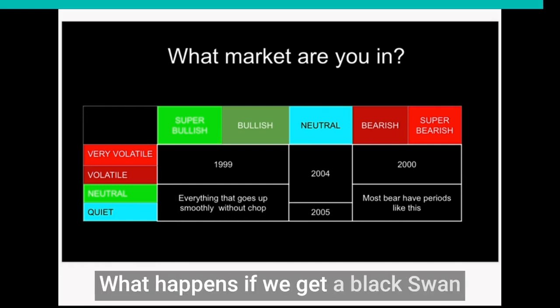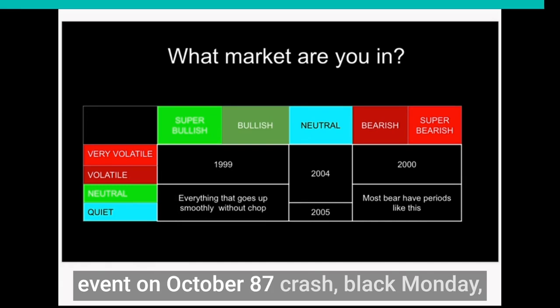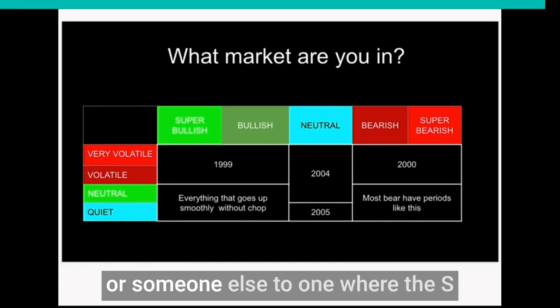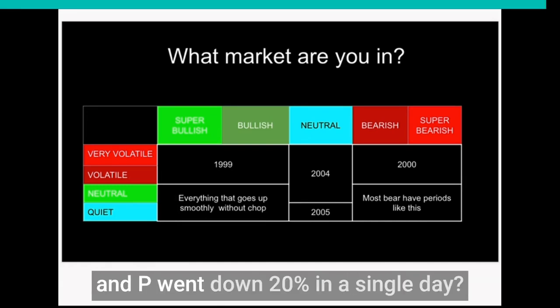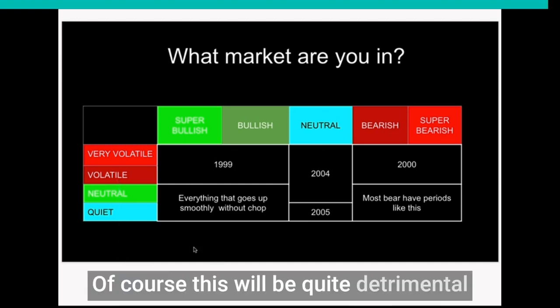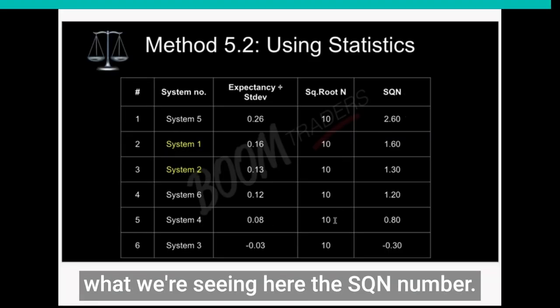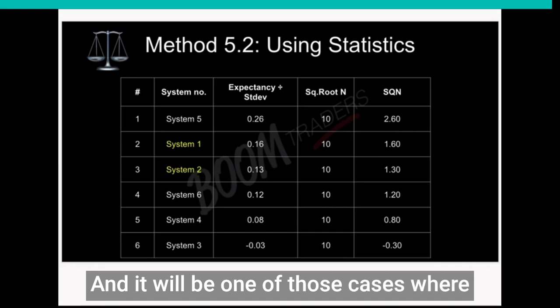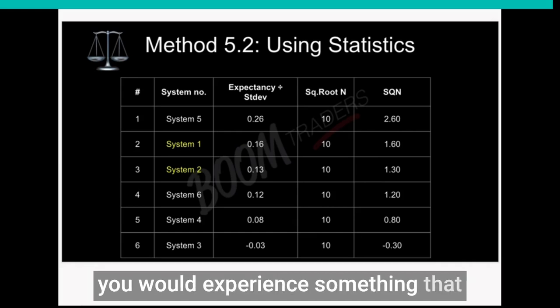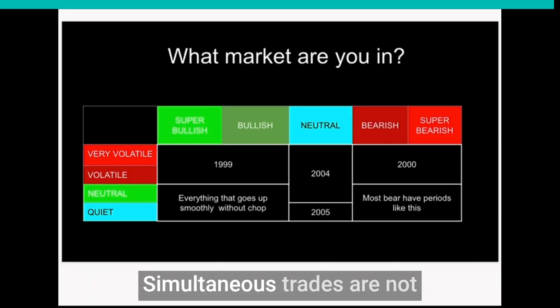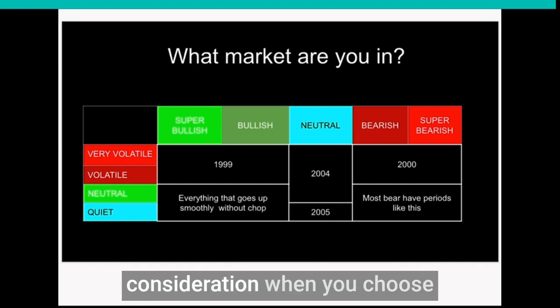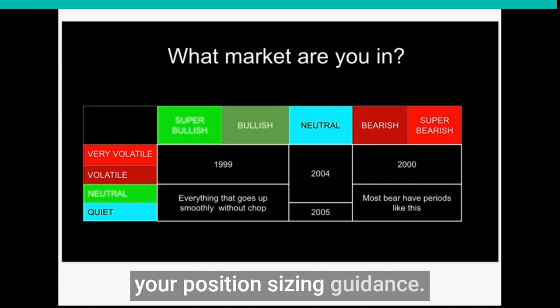What happens if we get a black swan event, an October 87 crash, a Black Monday, or so on, where the S&P went down 20% in a single day? What happens then? Of course, this will be quite detrimental to your equity, but it would also reflect what we're saying here about the SQN number, and it will be one of those cases where you would experience something that you likely haven't experienced before. Simultaneous trades are not covered in the calculation, so you need to take that into consideration when you choose your position sizing guidance.